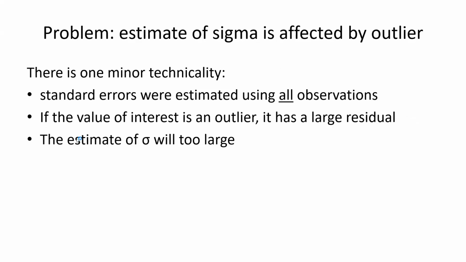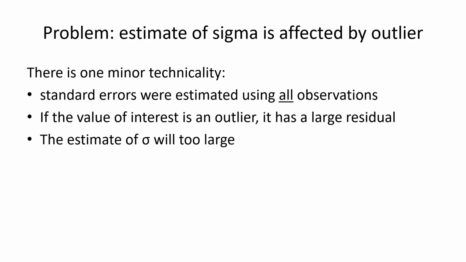So there is one minor technical issue here. It's minor. The standard errors were estimated using all observations. Now, if the value that you're interested in is an outlier, then it's going to have a large residual, and the estimate of sigma will be inflated.